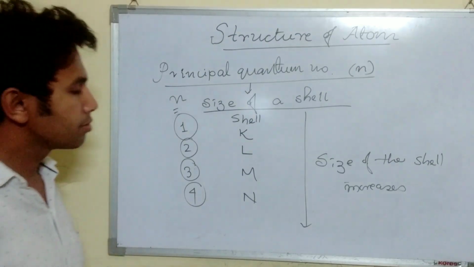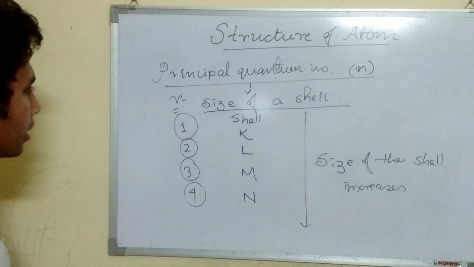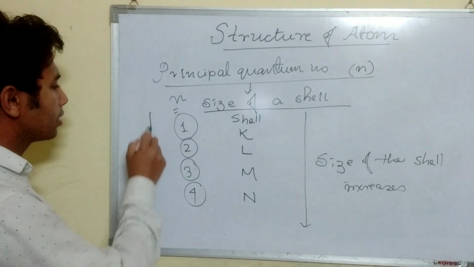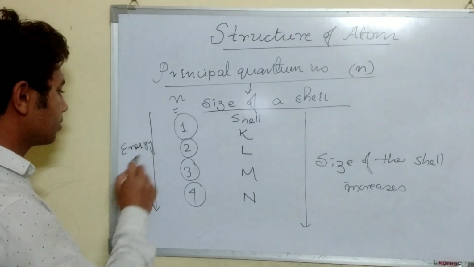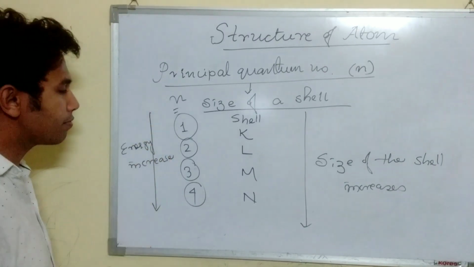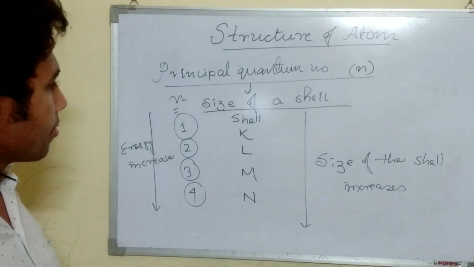And we also get the idea of the energy of the electron in that orbital. The lower value of n will have lower energy, means energy also increases if you go from n equal to 1 to n equal to 4.